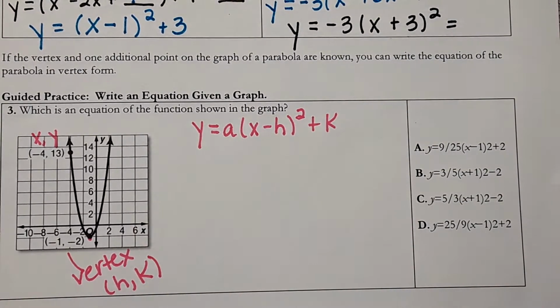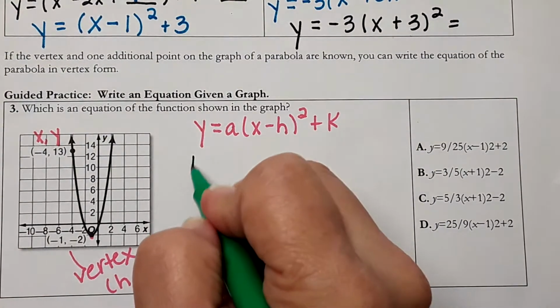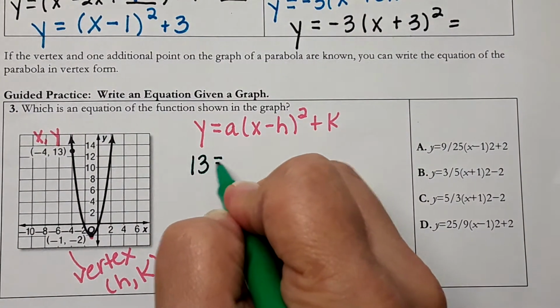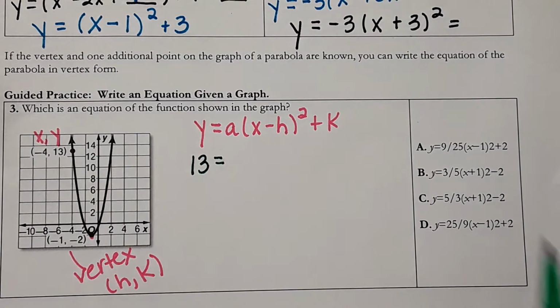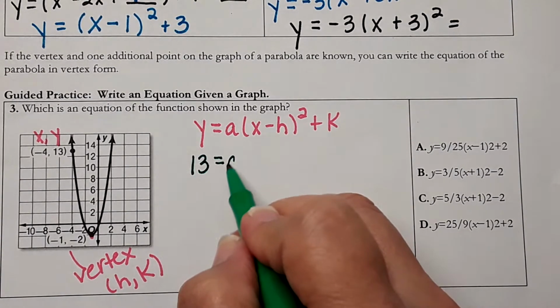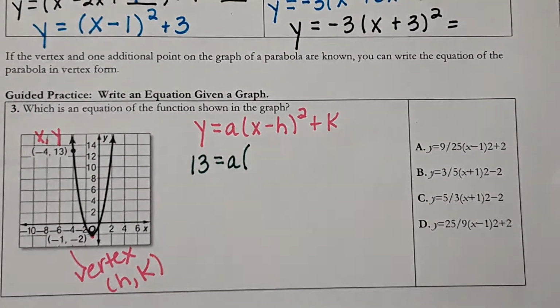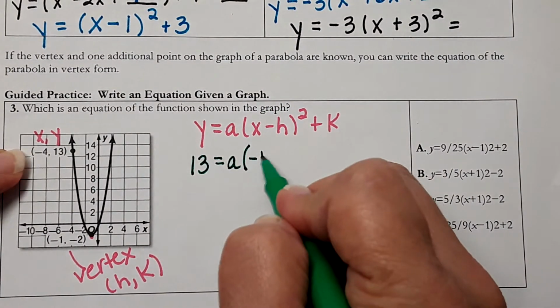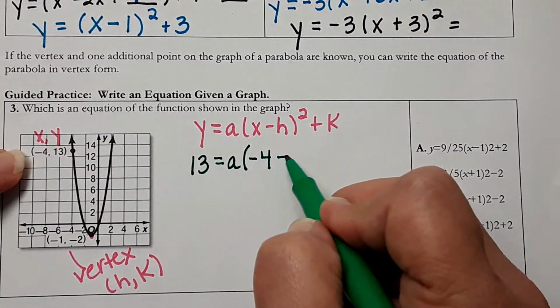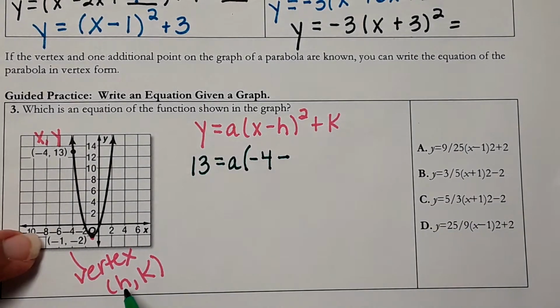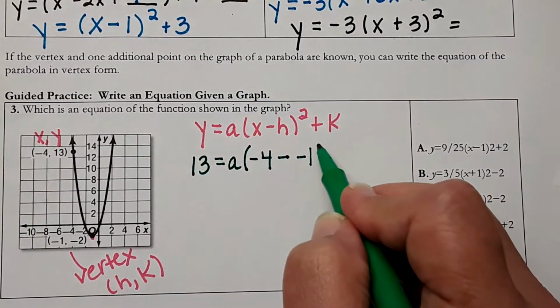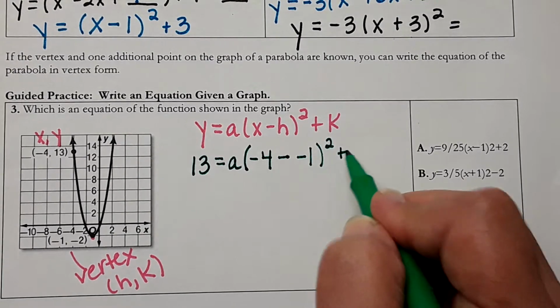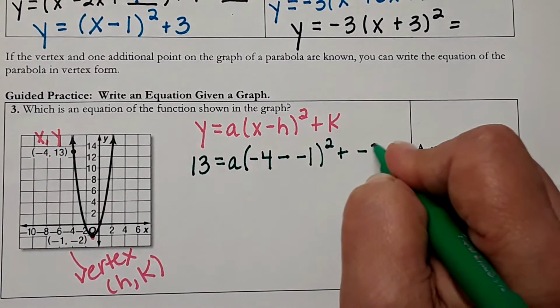We know a Y. Our Y is 13, so we're going to put 13 here. Nothing they gave us says A, so we're going to leave our A. We know our X because they gave us an X, so it's -4. That minus stays. Our H is -1. We're going to square that, and our K is -2.